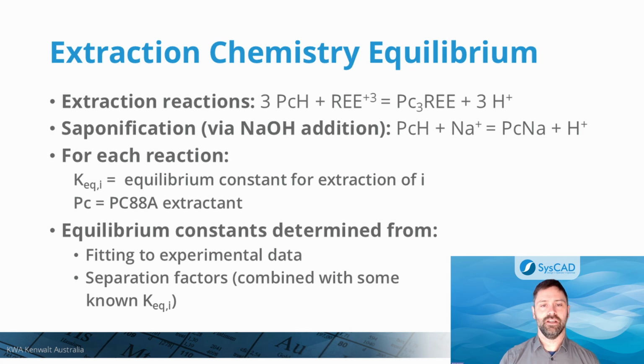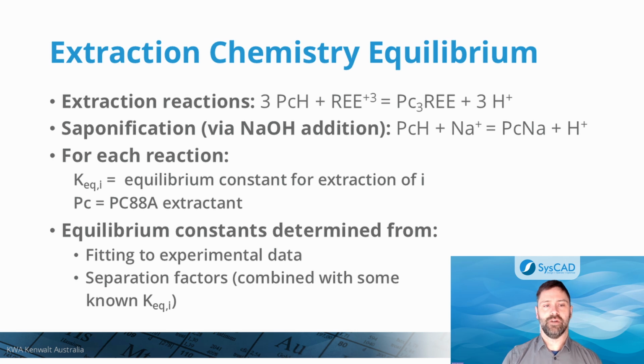In each case, experimental data for the PC88A extractant was used to calculate the equilibrium constants for Nd, Pr, and H+. Experimental data for saponification was also used to calculate the equilibrium constants for sodium on the organic.